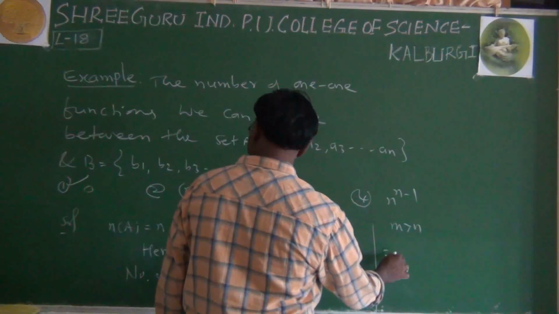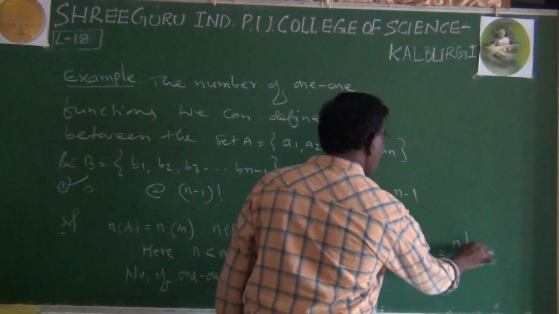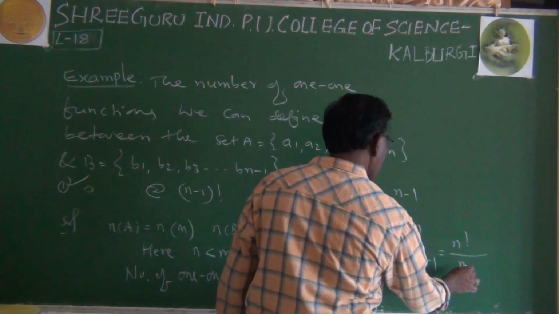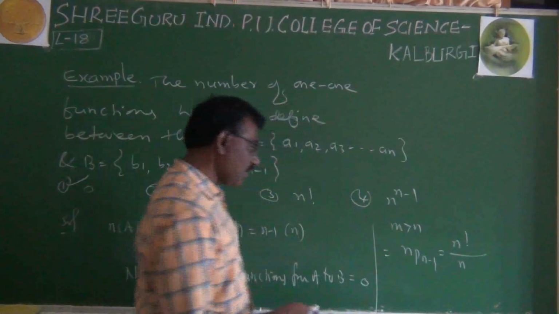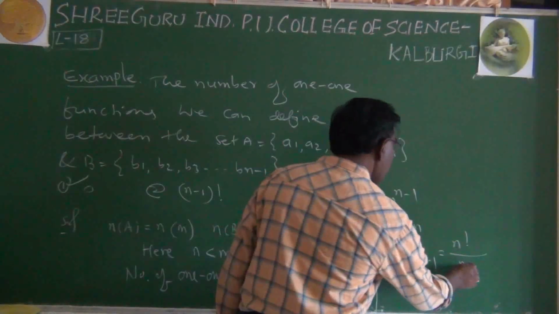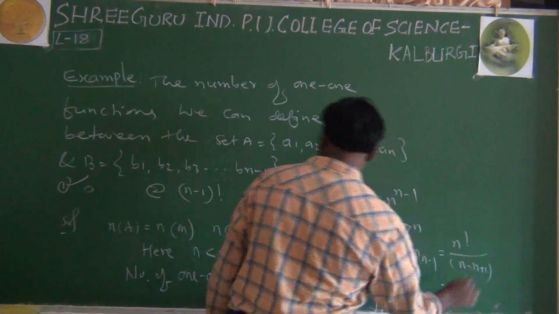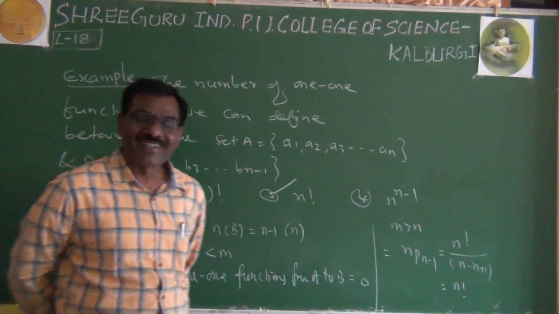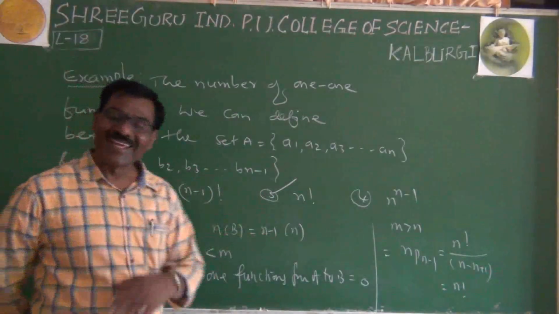So I think it is nPn minus 1, that is n factorial divided by n minus (n minus 1). So this is n factorial. I think option 3 is correct when it is from B to A.